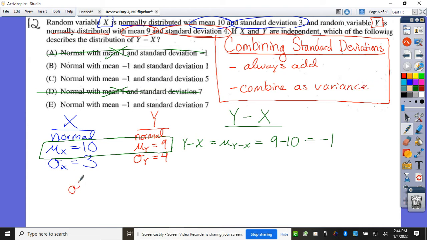So when I'm taking this, I have to make them as variance. So sigma of y squared plus sigma of x squared. But I want my answer as a standard deviation, so I have to what? Square root.